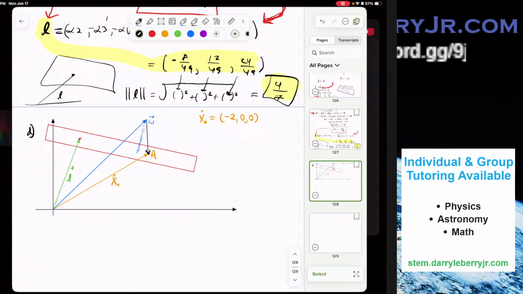Technically that'll be XO minus W. So XO minus W would go like this, which I'll call P. And that's the projection we'll work with.